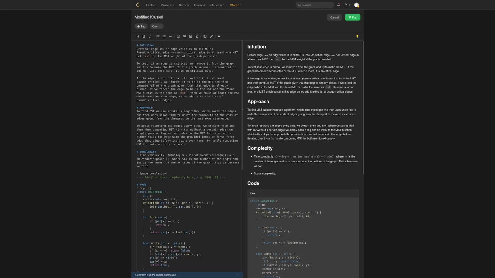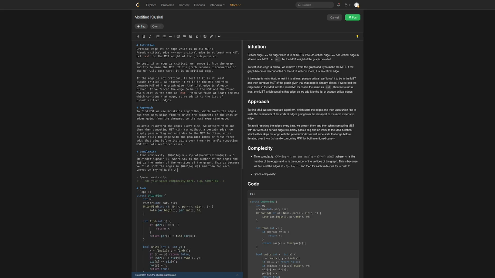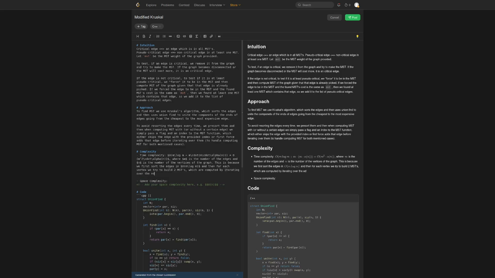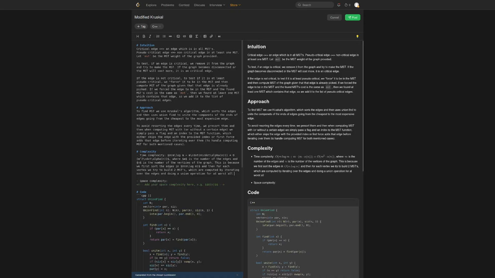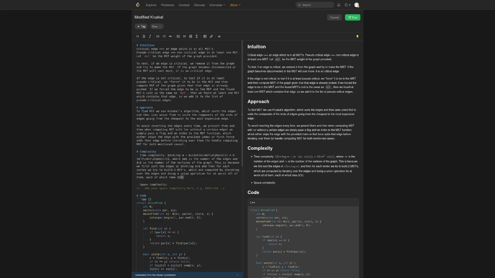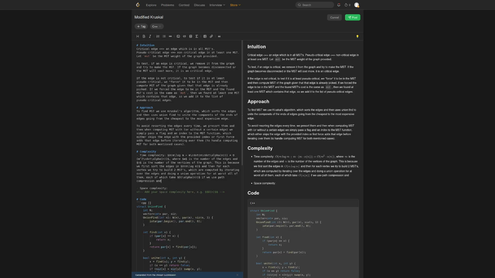This is because we first sort the edges in m log n, and then for each edge we try to build two MSTs, which are computed by iterating over the edges and doing a union operation for at worst all of them, each of which takes O of alpha, if we use path compression and union by rank/size.